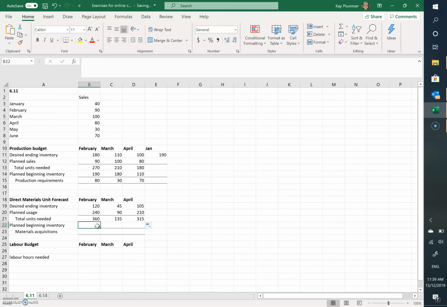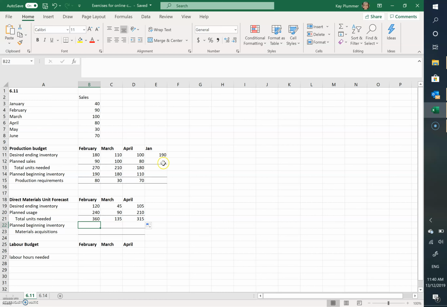So now we need to have our planned beginning inventory of materials for February. So we need to find out what our production requirements were for January.